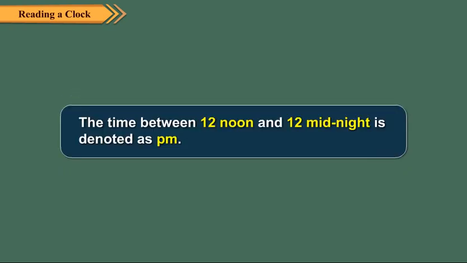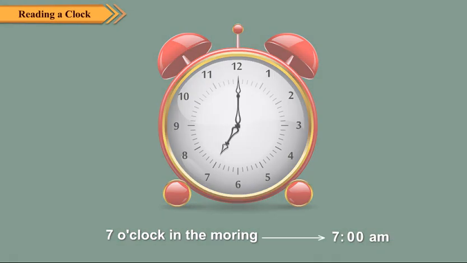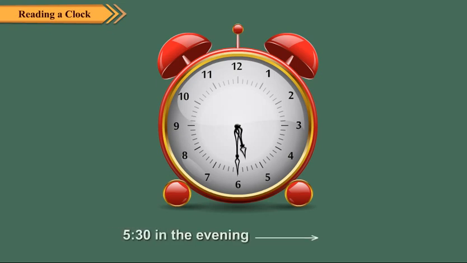The time between 12 noon and 12 midnight is denoted as PM. For example, 7 o'clock in the morning is denoted as 7.00 AM. Similarly, 5.30 in the evening is denoted as 5:30 PM.